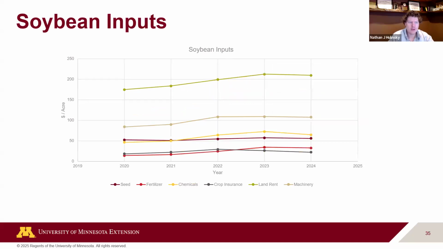Here's the same graph for soybeans, and you can see the green line of land rent, clearly the most expensive input on a per acre basis that farmers spend. It's not even close. The next expensive input is machinery, and then the bottom 4 are kind of clustered there of seed, fertilizer, chemicals, and crop insurance.